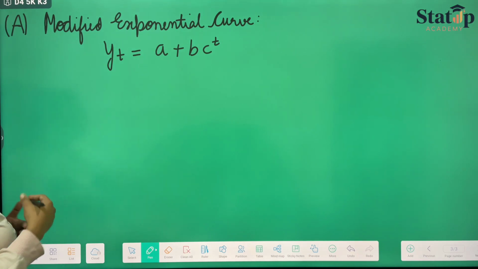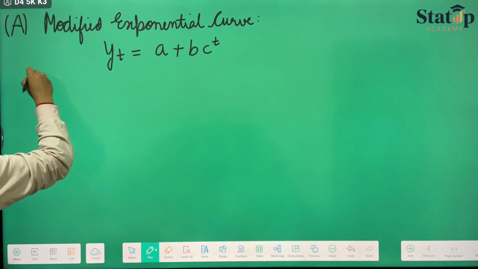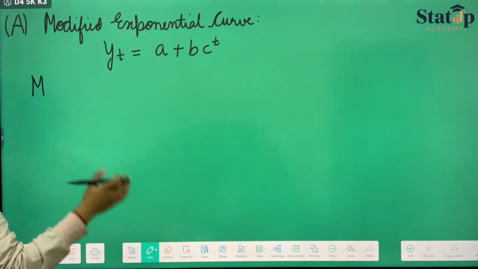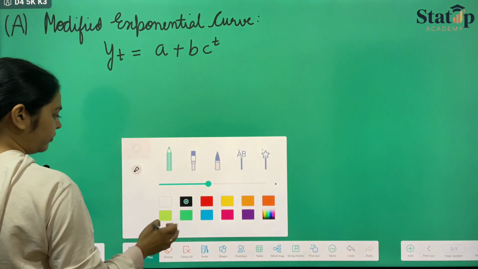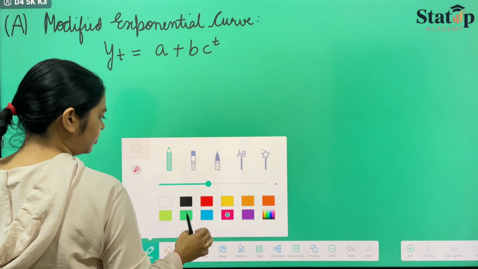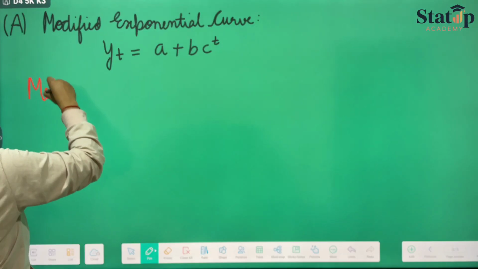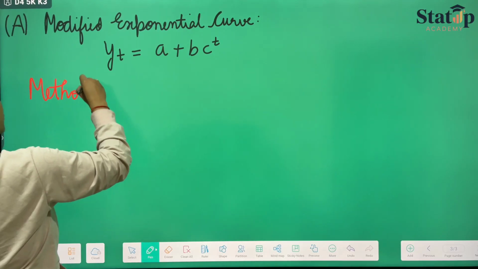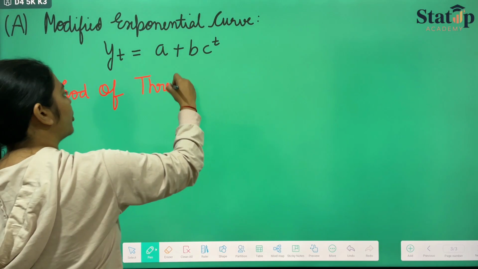The process of solving this curve is known as the method of three selected points.